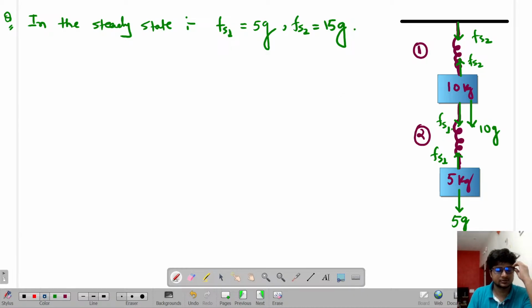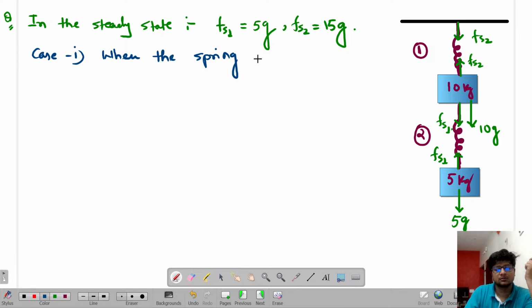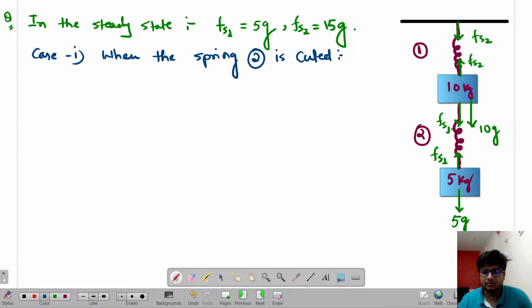Now case 1 is, what is our case 1? When the spring 2 is cut, what will happen? Tell me first. Case 1, what will happen if the spring 2 is cut? One minute, I can't hear you.